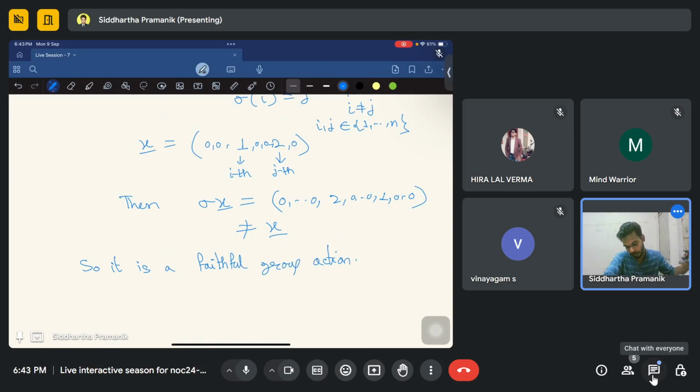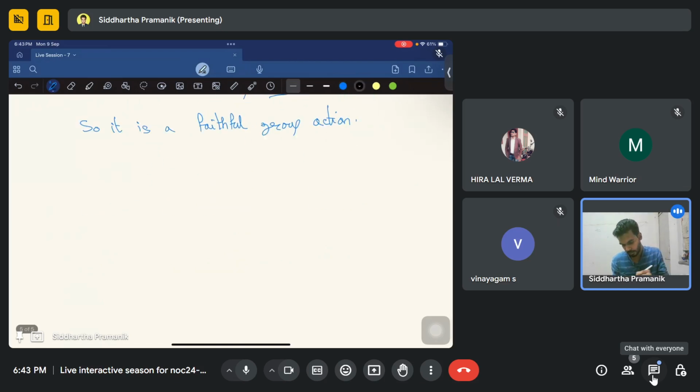Okay, I hope this is clear for you. Now let's see one theoretical problem. So we all have seen Cayley's theorem, right?